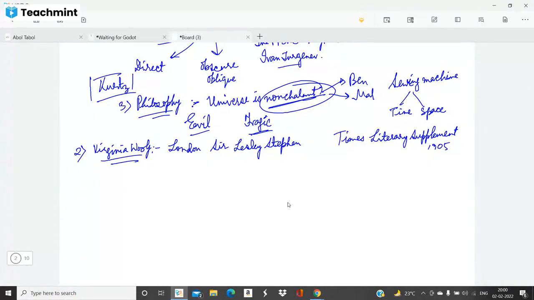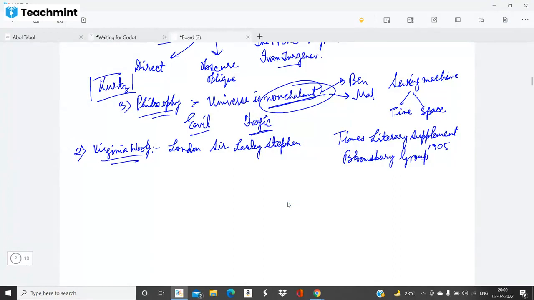And she became a member of the famous Bloomsbury Group, which featured people like James Joyce, Lytton Strachey, Clive Bell, Leonard Woolf, and other people.